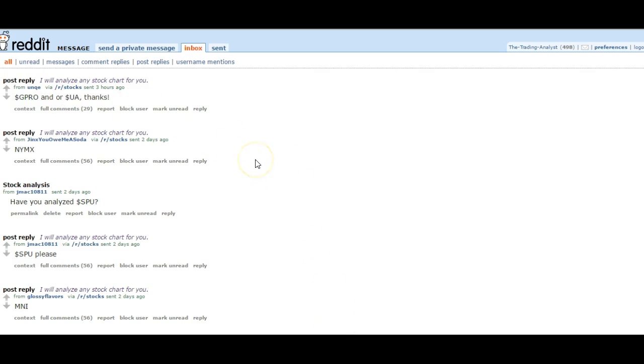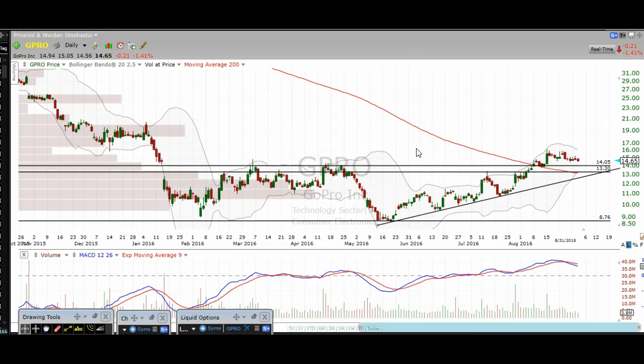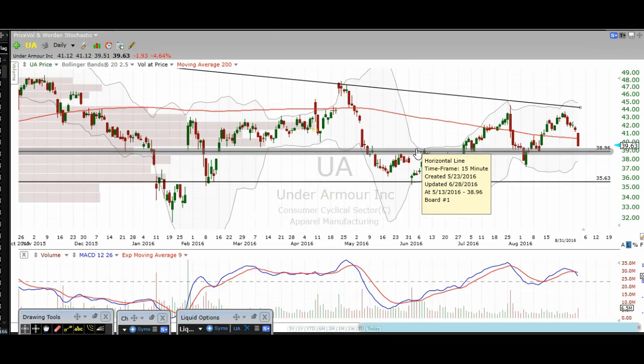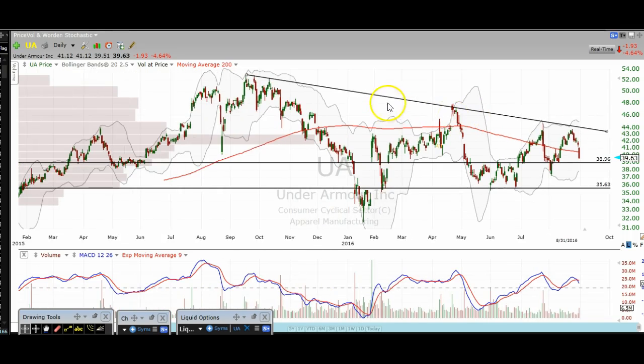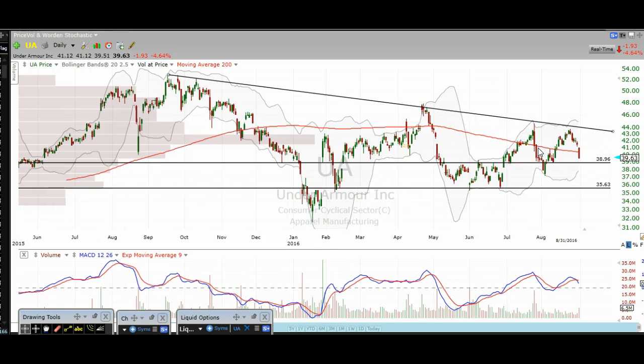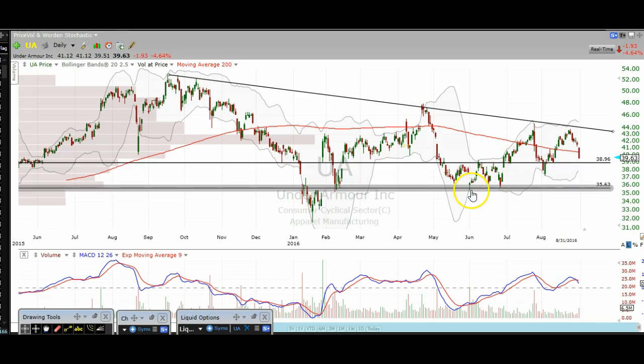Let's check out UA, Under Armour. Okay, so a couple things that I'm seeing here. Obviously, I have looked at this stock before. We've got the downtrend line over here, and then we've got some support right here at about $39, and even more support below at about $35.